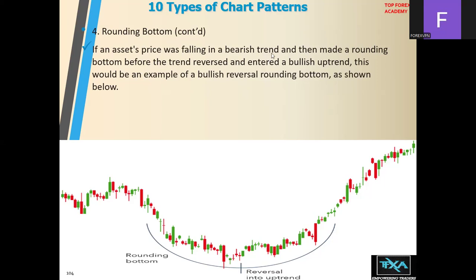If an asset's price was falling in a bearish trend and then made a round bottom before the trend reversed and entered a bullish trend, this would be an example of a bullish reversal round bottom, as shown below.